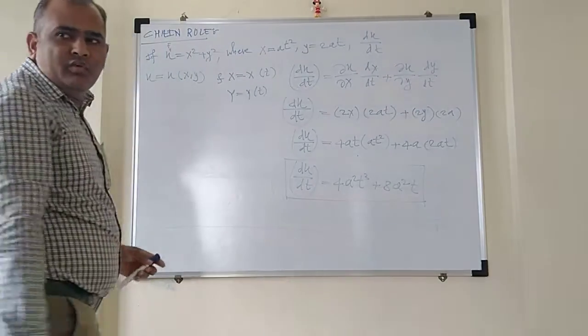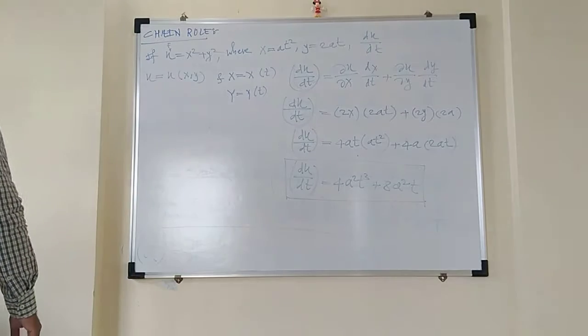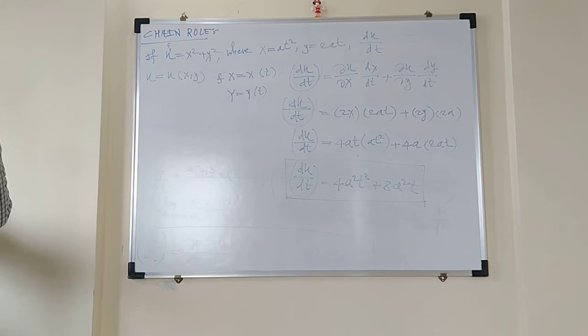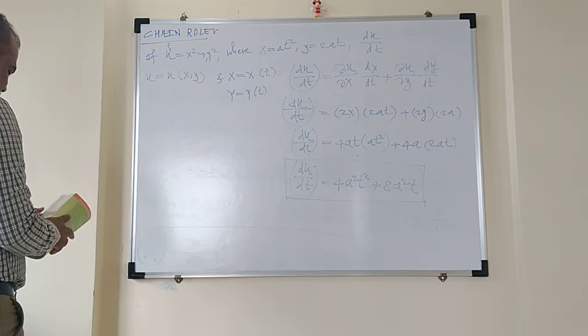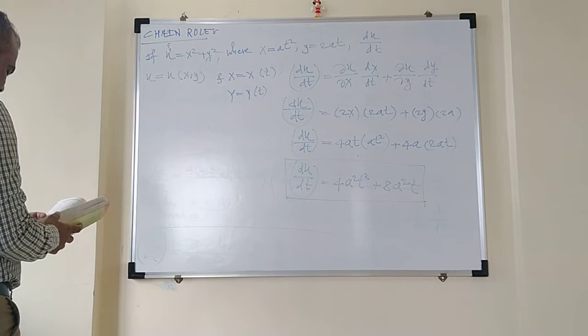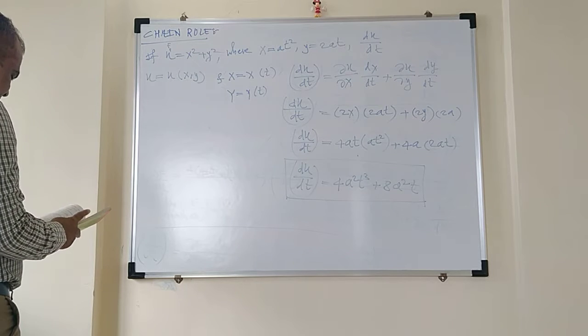Now let's solve one more problem based on the same fact. Let me take now an unsolved problem based on the chain rule. This was the solved problem based on the chain rule.